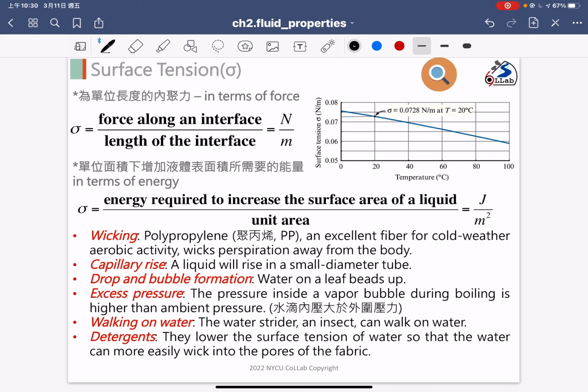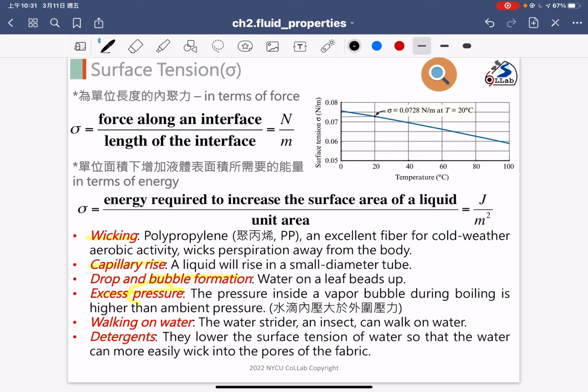You can see here, like the capillary rise and the bubble formation and the pressures, because when we form bubbles, we have the inside pressure in the bubble and the outside ambient pressure, and we can calculate the inside pressure, how large it is for different diameters of the bubbles.